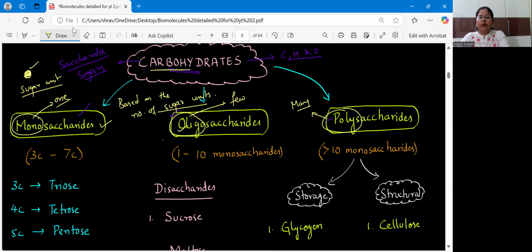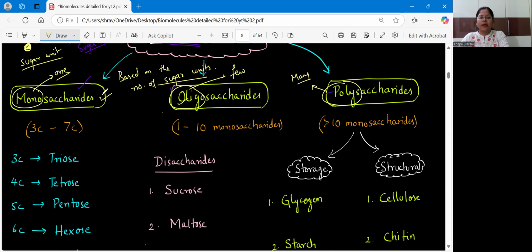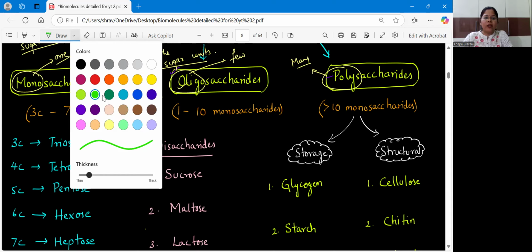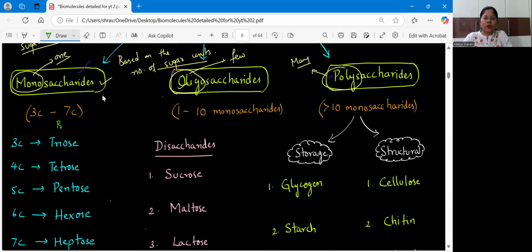Again, if you consider the monosaccharides here, monosaccharides can be classified into different types based on the number of carbon atoms in it. Say this is my sugar unit.